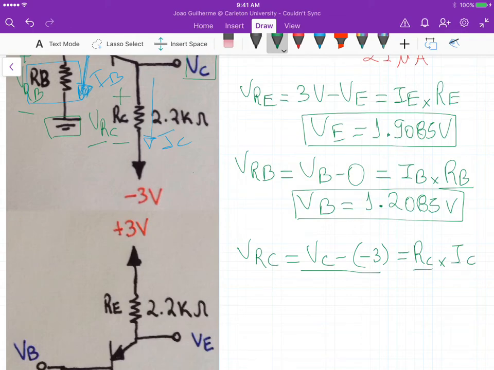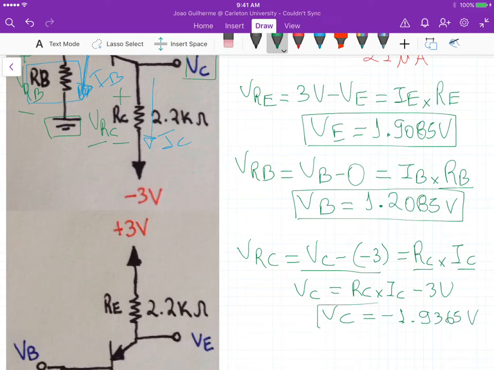We know RC, we know IC, so VC becomes RC times IC minus 3 volts, and this gives us a VC equal to minus 1.9365 volts.